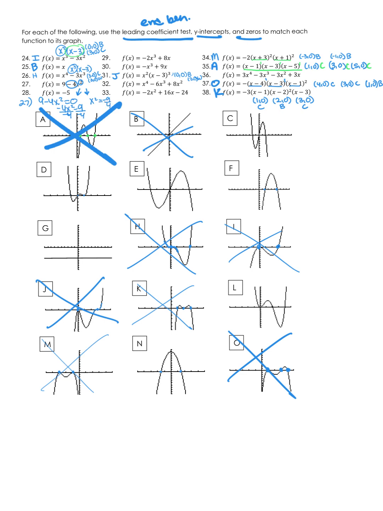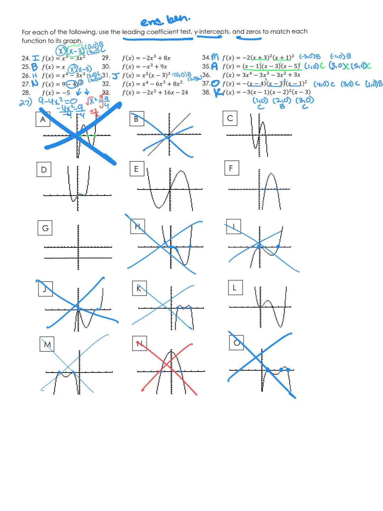No, negative 9 divided by negative 4 will become positive 9 over 4. Square root both sides, and you'll get plus or minus 3 halves, because the square root of 9 is 3, and one's positive and one's negative. So that's not F, because F is both positive, so that would be N here. So this guy will be N.